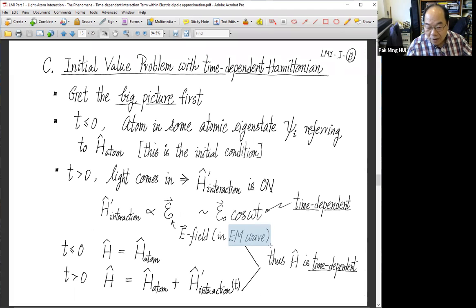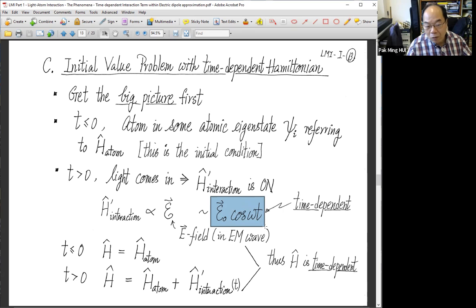And then what we are going to do is that, roughly speaking, this has to do with EM waves. And EM waves, we know that we have electric field oscillating. So it must go like something like a vector amplitude and then cosine omega t, where omega is the incident light angular frequency. So that makes sense.